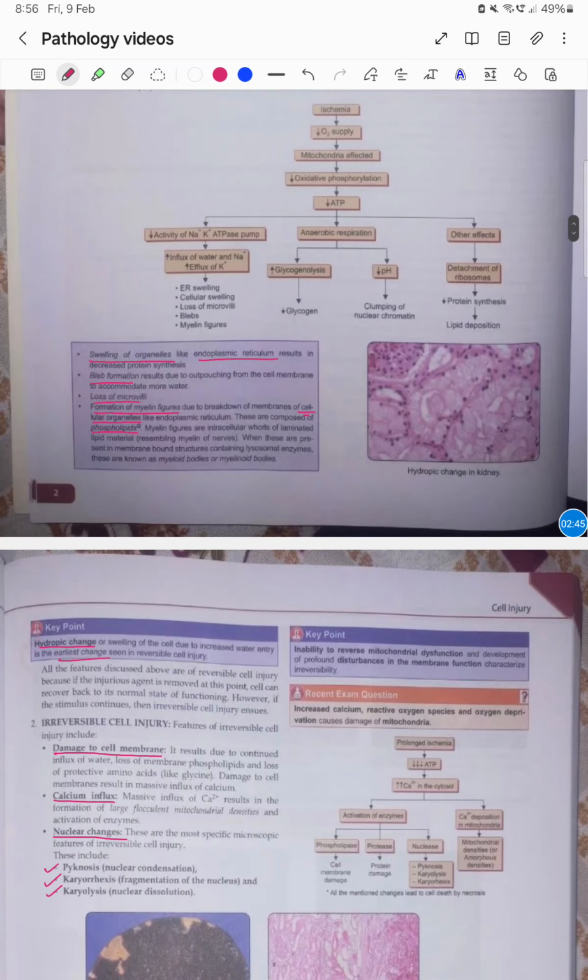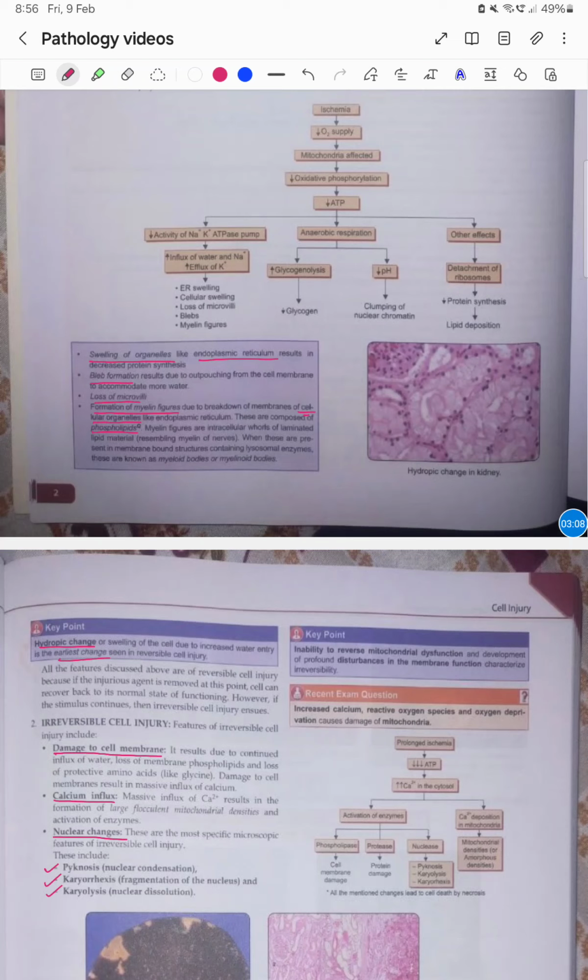So as the water imbalance takes place, more accumulation of osmotically active particles inside the cell will draw water inside it and lead to swelling of the cellular organelles like mitochondria, endoplasmic reticulum, etc., and cellular blebbing.